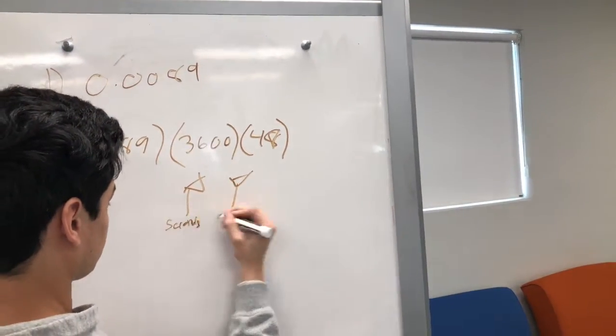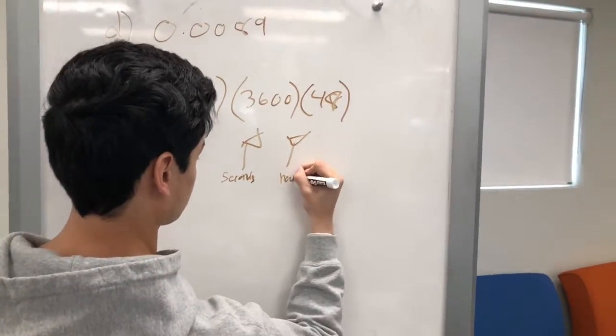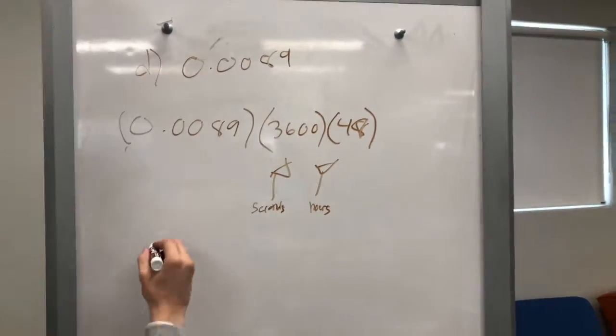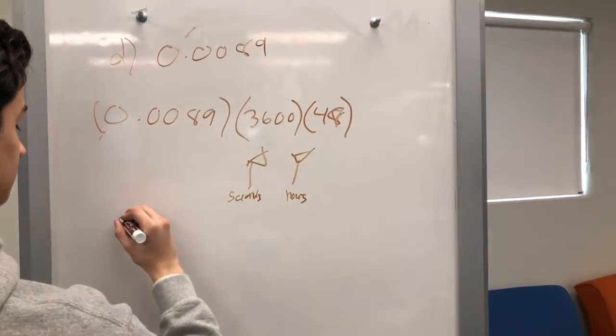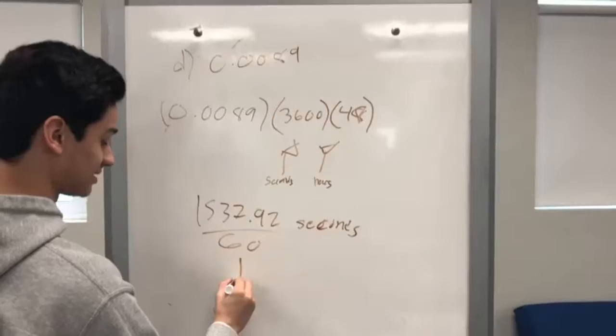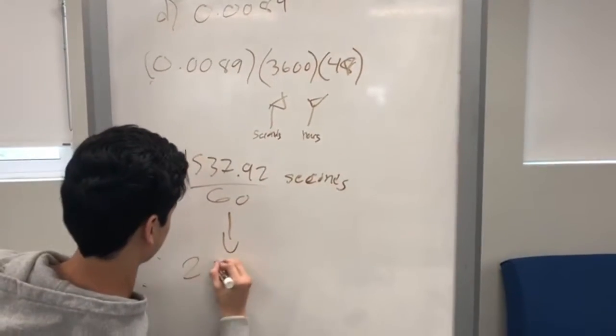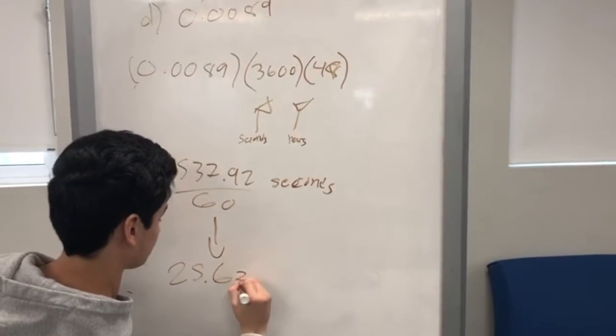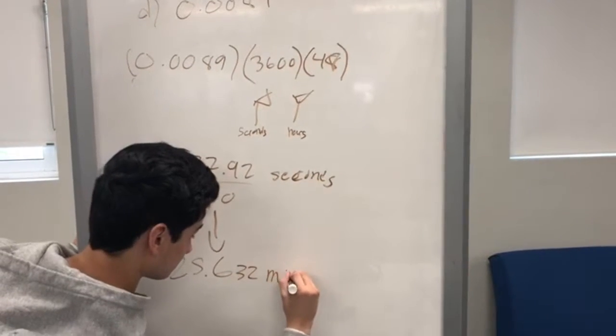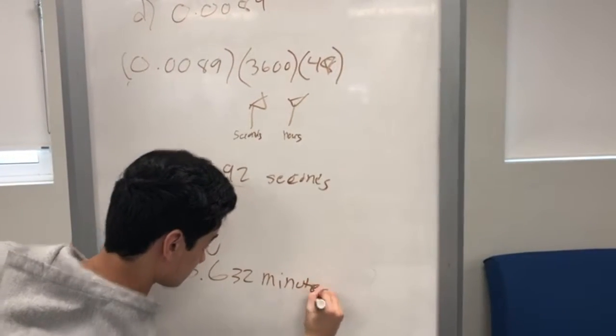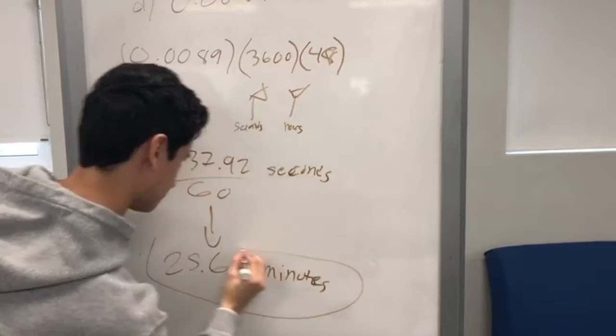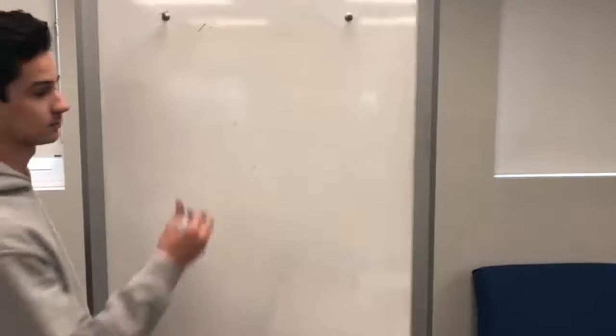Now we just need to multiply, and the answer is 1,532.92 seconds. Now we're going to divide this by 60 to get it in minutes, and the answer is 25.632 minutes.